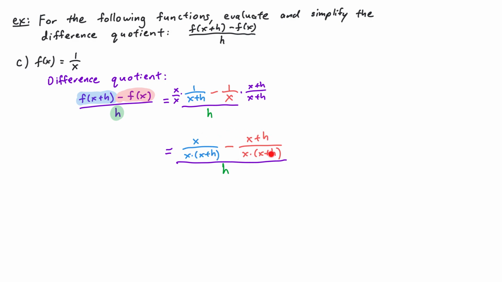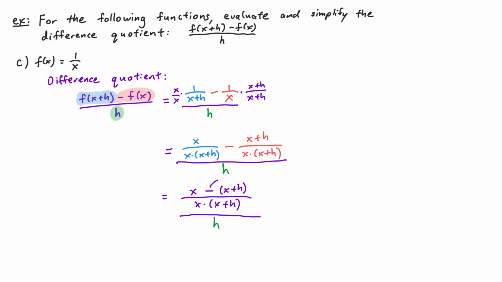Now that the two terms in the numerator have a common denominator, we can combine them together by subtracting their numerators. So this gives us x minus x plus h in the numerator, and we combine our fraction together, so we have that common denominator. And then all of this is still divided by h.